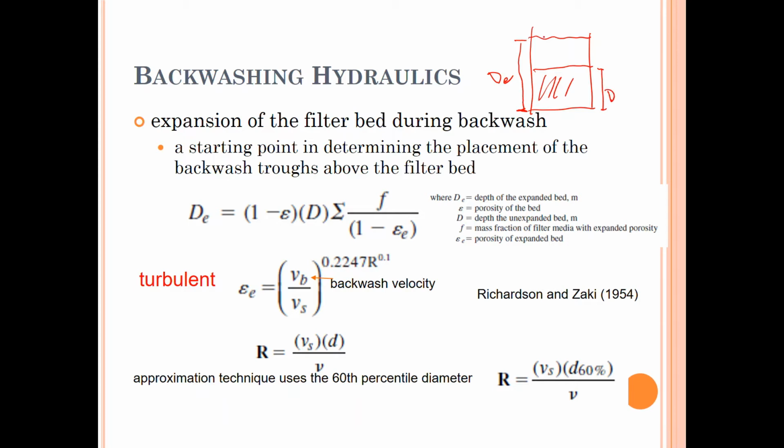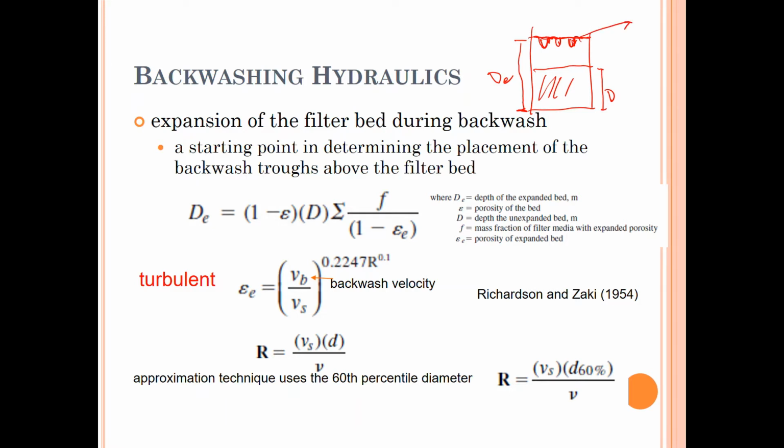So if we want to place wash troughs, we must know the depth of the expanded bed so that we place the wash trough so that the crest of the wash trough remains at that level, and then water overflows into the wash trough and goes out.